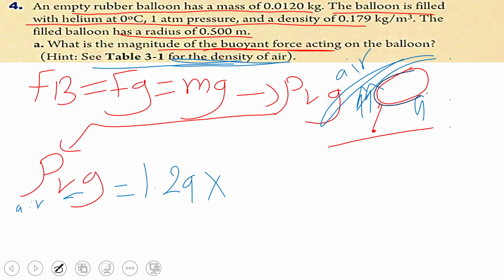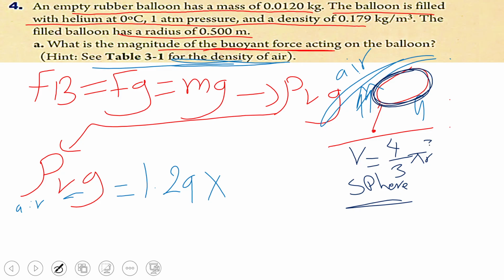Students, because the shape of the balloon is like a sphere, like an egg, we have in math, you studied, I think, the volume of the sphere, or the volume of this balloon, is equal to 4/3 pi r power 3. Why, mister, do we have to use this rule for volume?